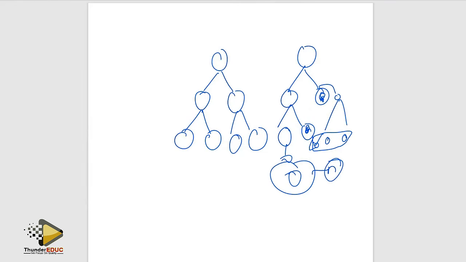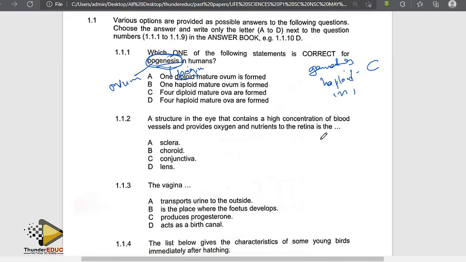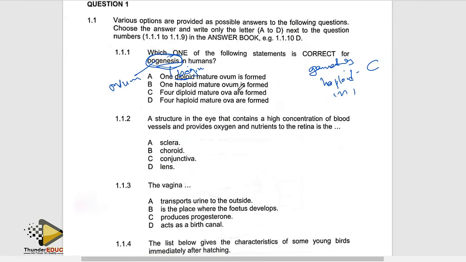That is the meaning. So when we go back here, we see that one haploid mature ovum is formed, which is correct.